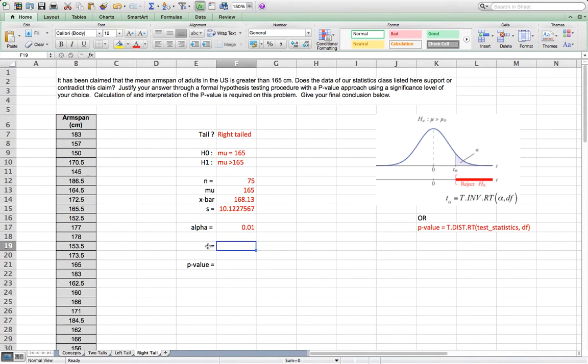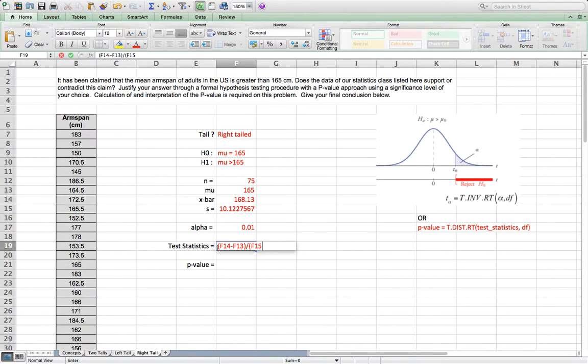Then I need to calculate the test statistic. I call it test. Okay, this test statistic will equal x bar, which is F14, minus mu, which is F13, then divide by s, which is F15.